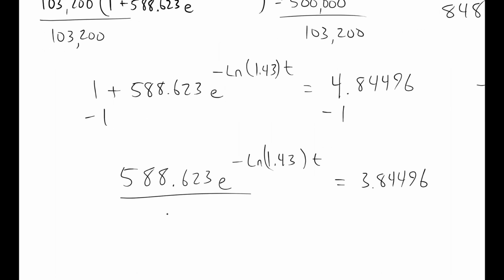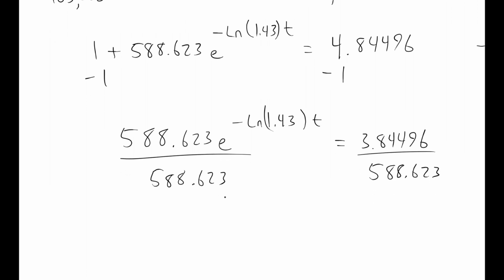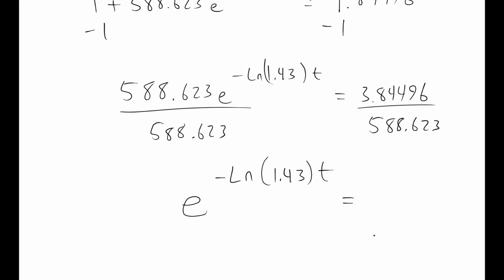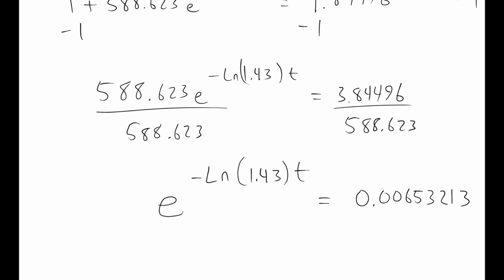Okay, now we have to isolate the e. And at that point, e to a ln of something would cancel out, but e to a negative ln, I wouldn't make that assumption, so I'll just take a ln of both sides.